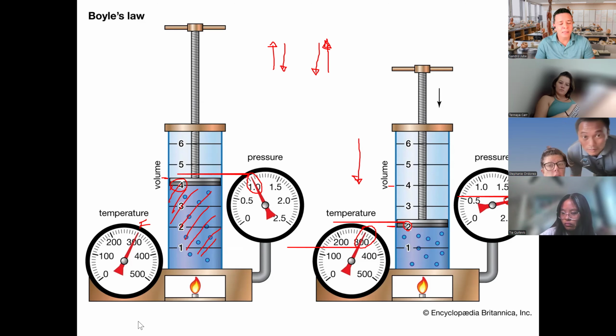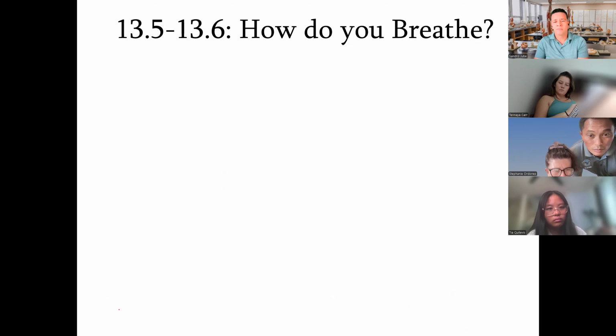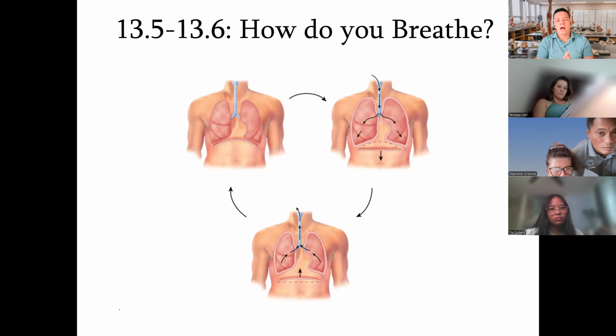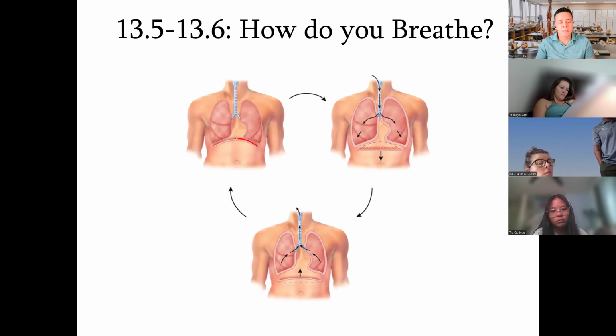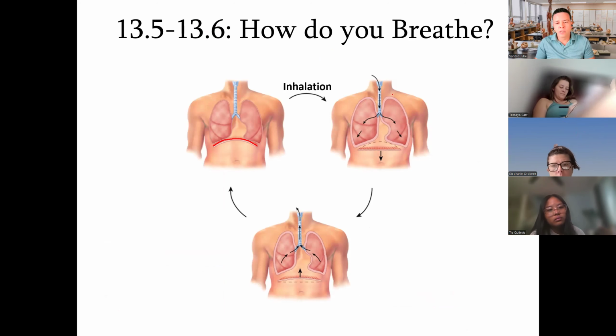Now, how do we apply this to our breathing, inhalation and exhalation? I need everybody's attention here because I will ask you questions about this in the exam. Now, when we inhale, folks, this is what's going to happen, okay? We have a muscle right here below the lungs, and we have talked about this muscle before. This is what we call the diaphragm. When we inhale, we are going to contract the diaphragm, and the diaphragm is going to flatten.